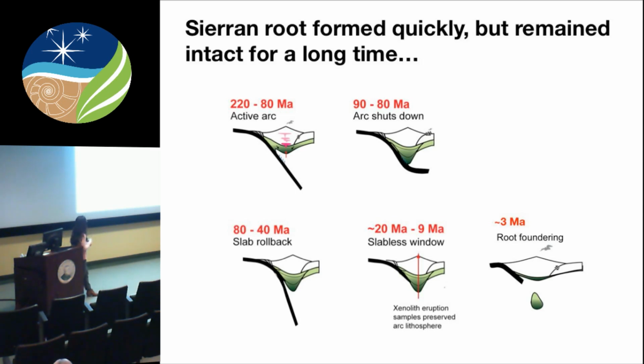And the eruption of those xenoliths that I've been talking about this whole talk happened at 9 million years ago, far after subduction ended. Then it sampled this thick root, but at 3 million years, between this time and this time, there's evidence that we didn't have any more garnet-bearing xenoliths, because the xenoliths that erupted here are really shallow. So that's taken as evidence that the root foundering happened very recently.